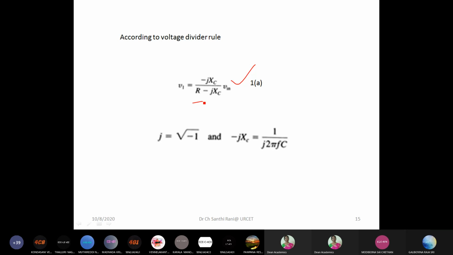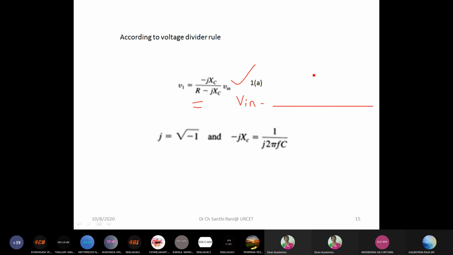Then what we get: minus jXc divided by minus jXc, so it is 1. That means this Vin we can write, otherwise let me also write like this, Vin as it is.